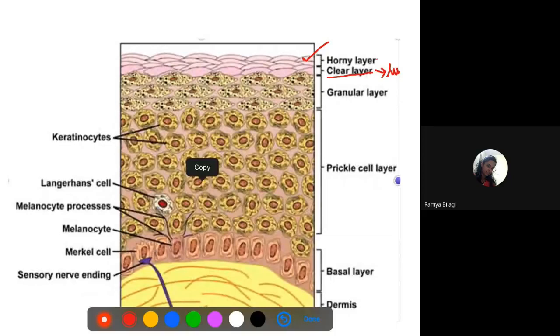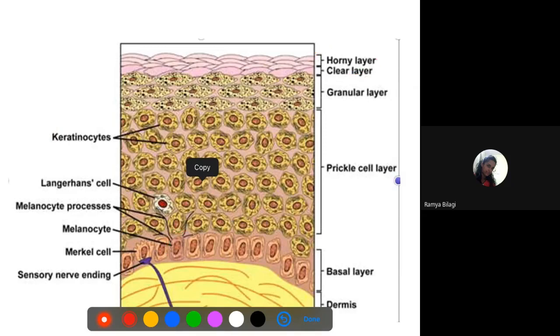Next is the granular layer, then the prickle cell layer or stratum spinosum, and the lowermost layer, that is stratum basale. The left side of the picture shows you the important cells of the epidermis: keratinocytes, melanocytes. These are the melanocytes. They are a little darker than the other basal cell layer. You can appreciate that. There are Merkel cells and there are Langerhans cells.